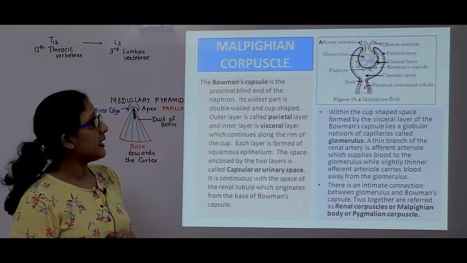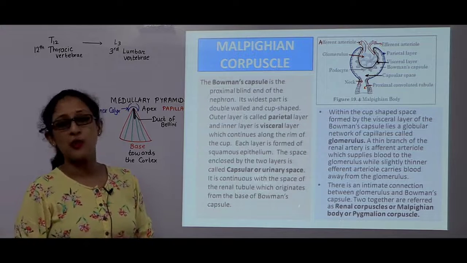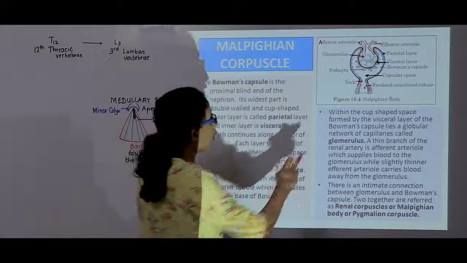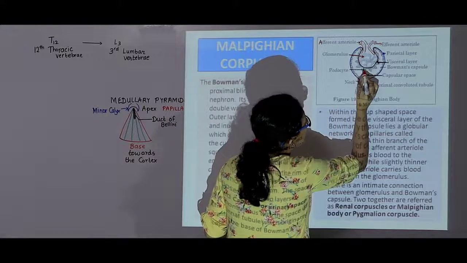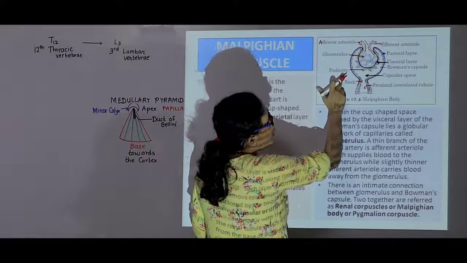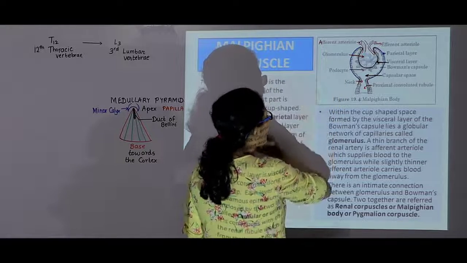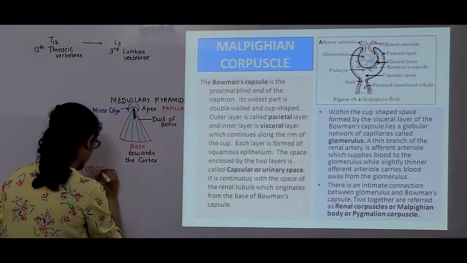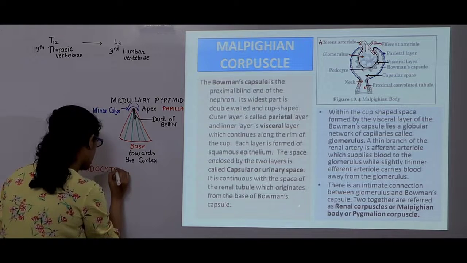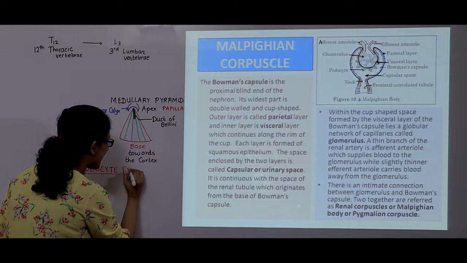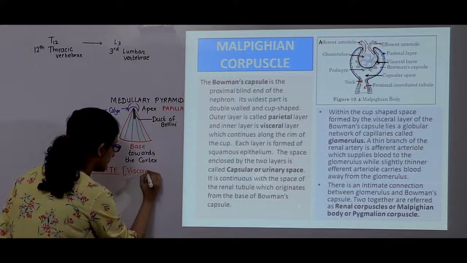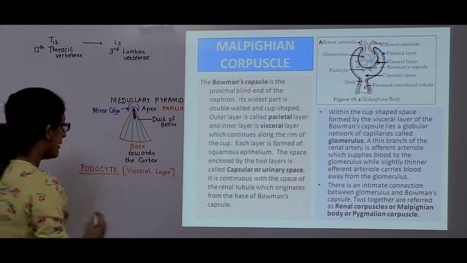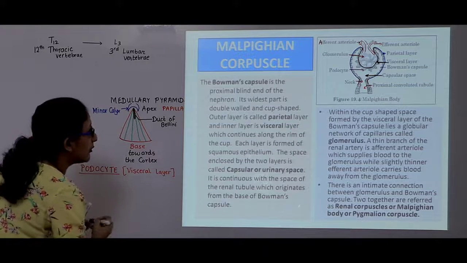The inner visceral layer consists of modified squamous cells. Anyways, everything is squamous, but those modified squamous cells are called the podocytes. What are they called? Podocytes. So one podocyte is present in the visceral layer. This is the black line which I have drawn here.